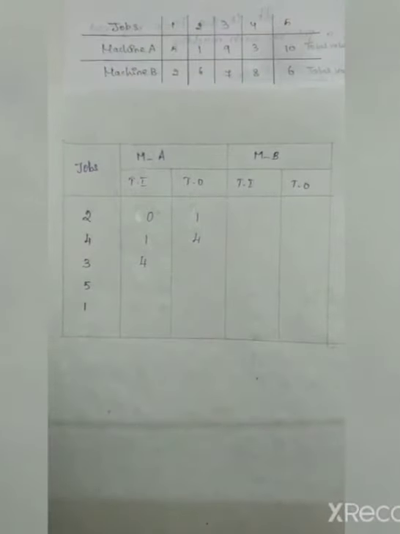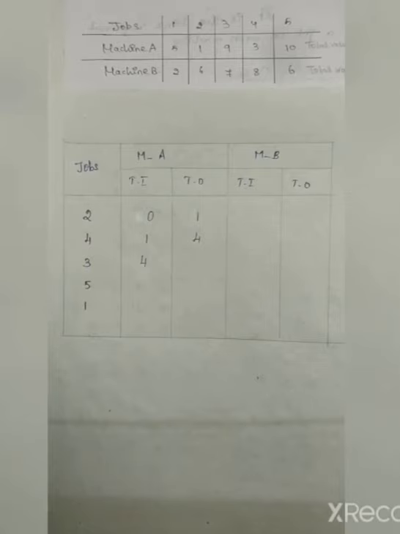I think this will be clear, because we have only machine A and machine B. In machine A, 5 jobs should appear, and similarly in machine B, 5 jobs should appear. In machine A, the first job is the second one, which finishes in 1 hour. The next job is 4, whose processing time is 3 hours.